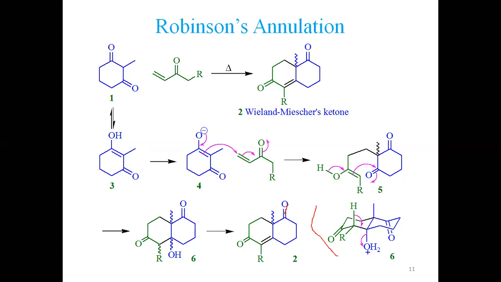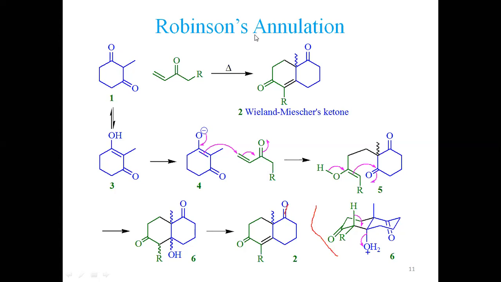So we can generate alpha, beta unsaturated esters. But here we are not using an ester, we are using a ketone. So this is a system that we can easily synthesize by Claisen-Schmidt condensation, and this substrate we can simply synthesize by Claisen condensation. So these are the products of condensation reactions.